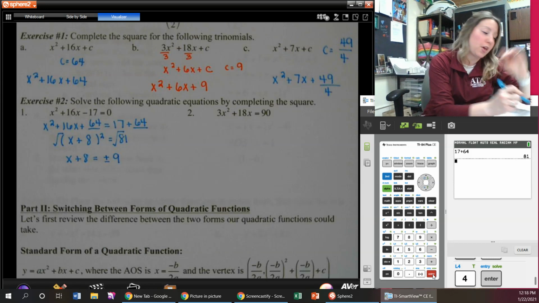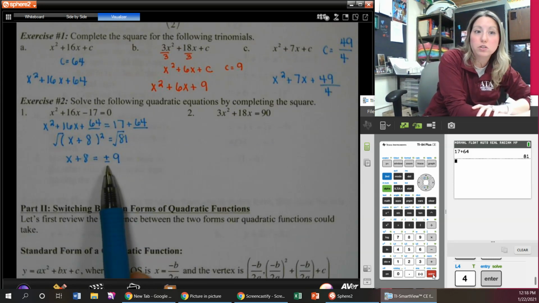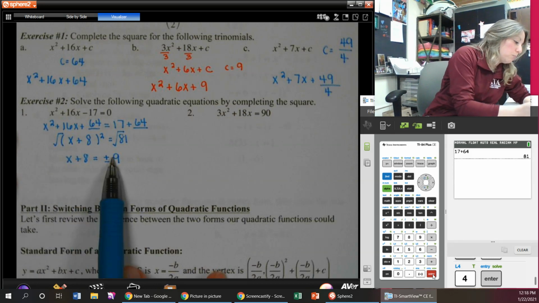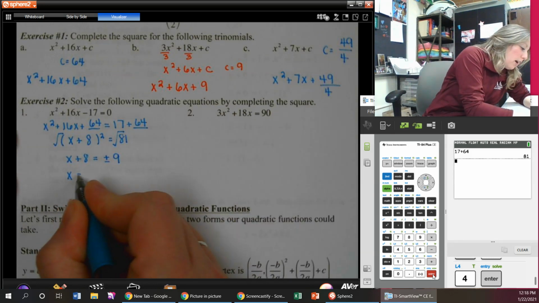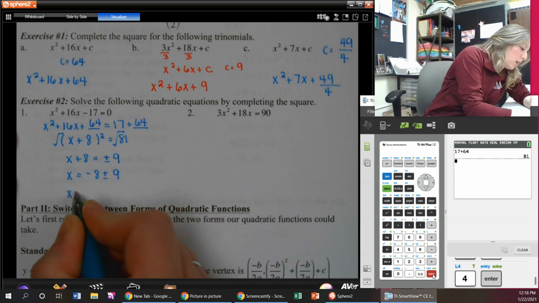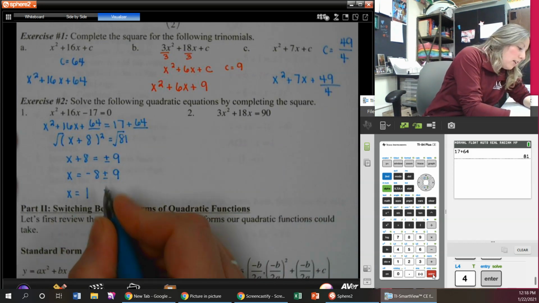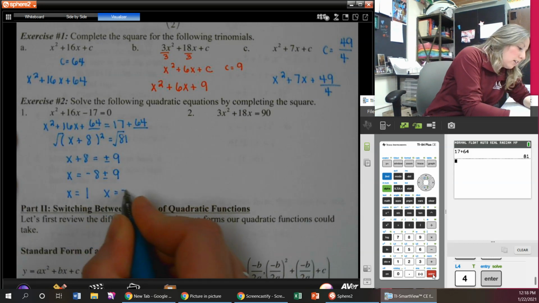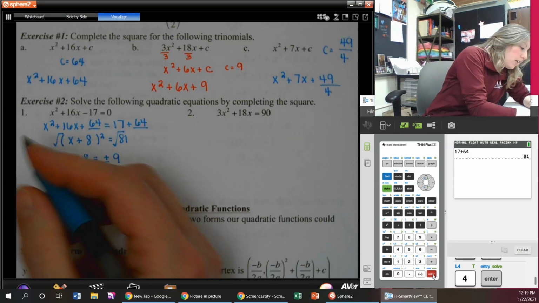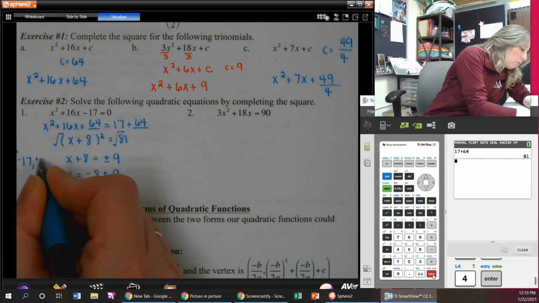We always put that plus and minus in when we take the square root of both sides of an equal sign. And lastly, we subtract this 8 over to get x equals negative 8 plus or minus 9, which of course is 2 integers. Negative 8 plus 9 is 1, and negative 8 minus 9 is negative 17. That's my answer here. Negative 17, comma, positive 1.